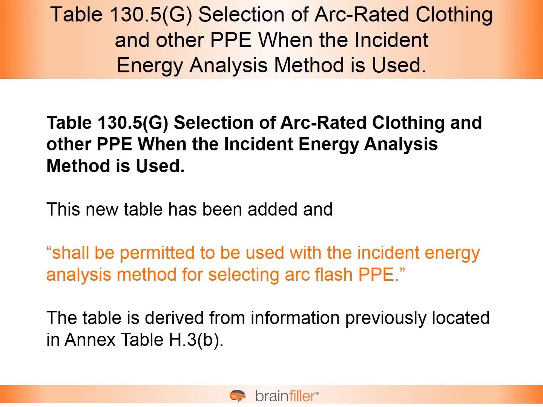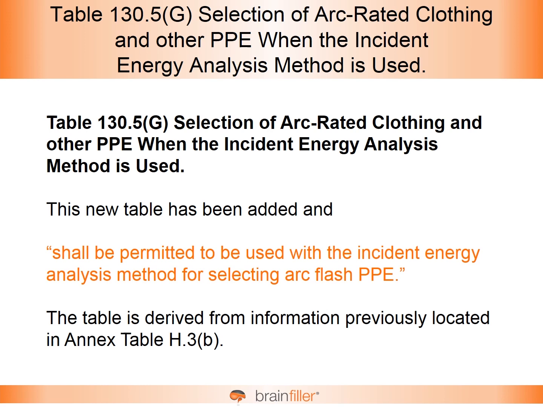A new table was introduced for 2018. It's Table 130.5G for the selection of arc-rated clothing and other PPE when the incident energy analysis method is used. Now, the incident energy analysis method that's outlined in NFPA 70E, that typically is what most people think of as an arc flash study that's based on IEEE 1584.